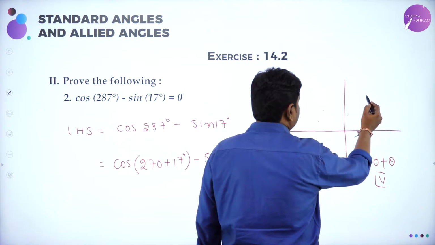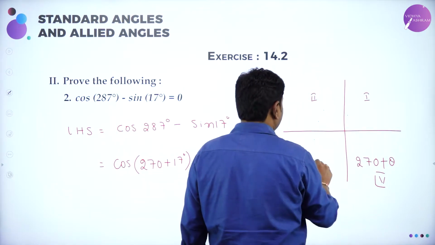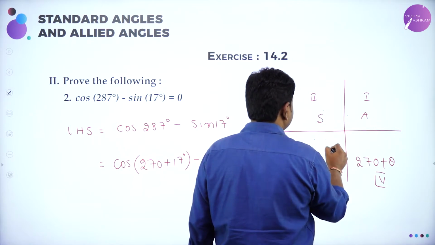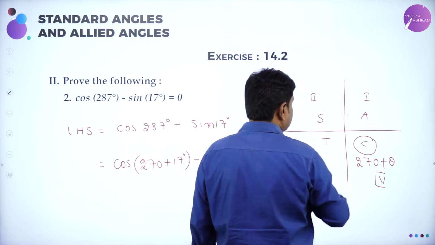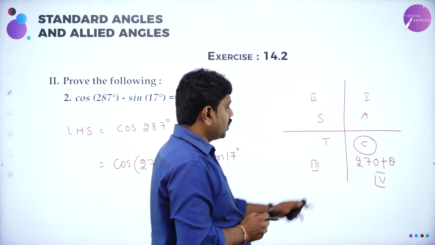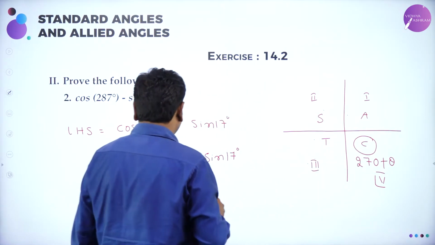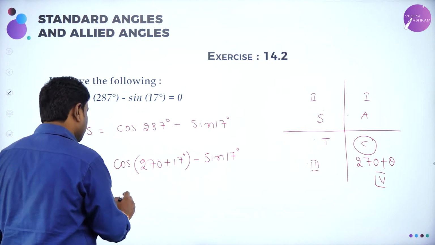So you know 1, 2, 3, 4, fourth quadrant. In fourth quadrant, according to ASTC, cos is the function. So if your question is cos, it will be positive, or secant is positive. But here your question is cos, so it will be positive cos.